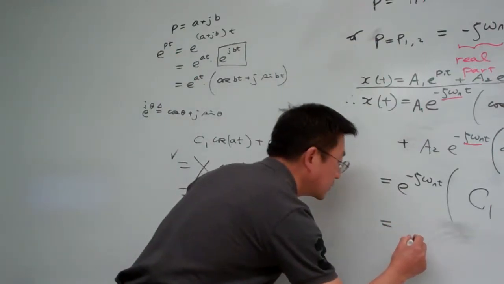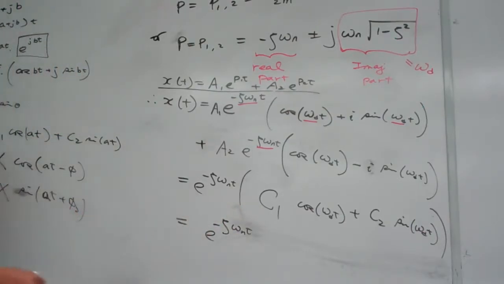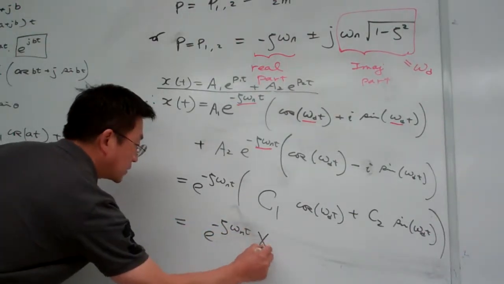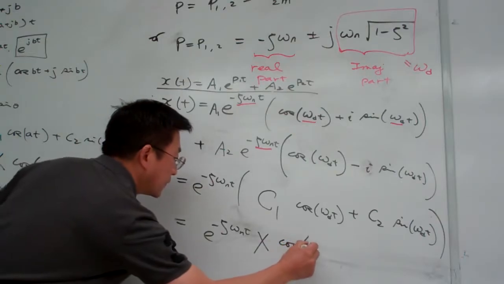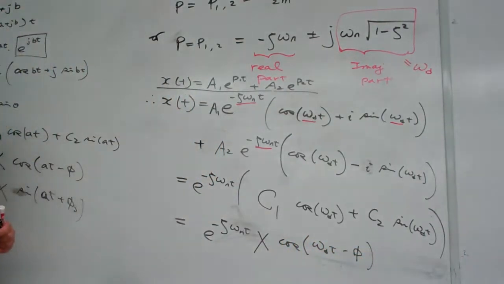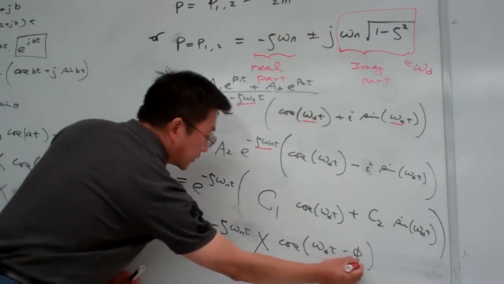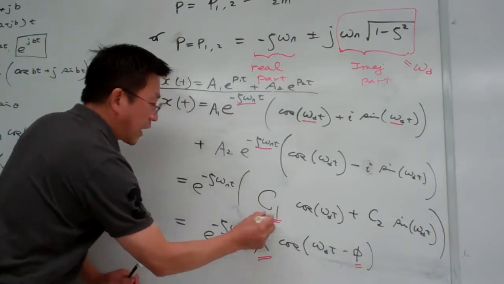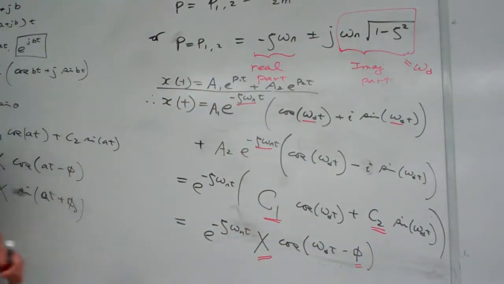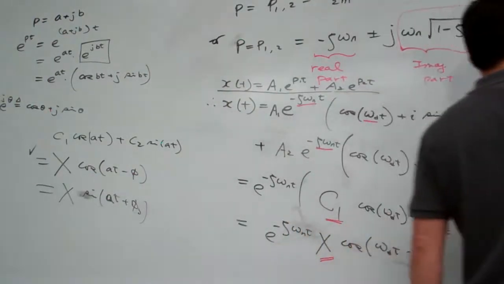So here is e to the minus zeta omega nt, and with a certain combination that is capital X and cosine omega dt minus phi. So again, in this way, the two unknowns are these. Here I highlight the two unknowns that can be solved by using the initial conditions. And again, we will have the numbers, and the numbers will be ready.